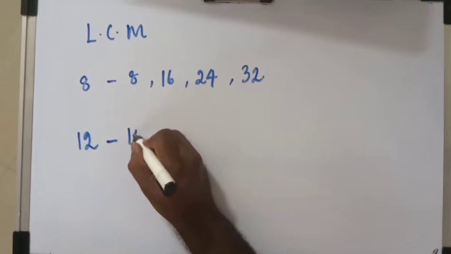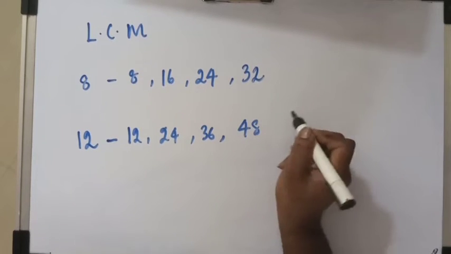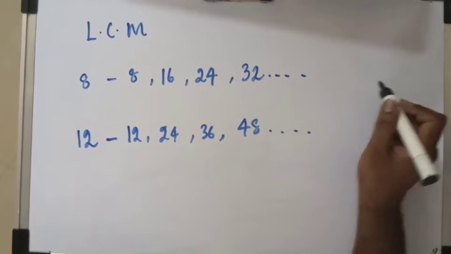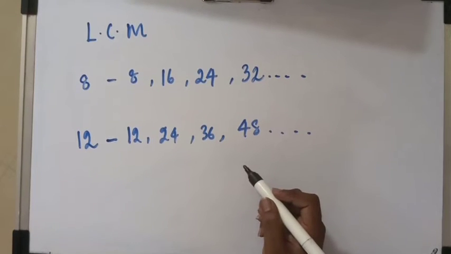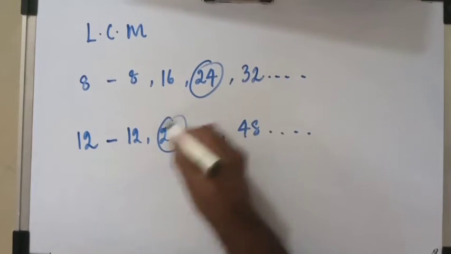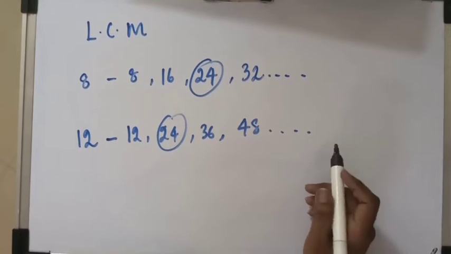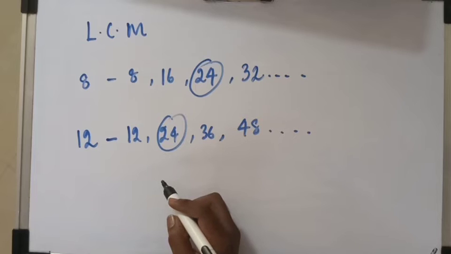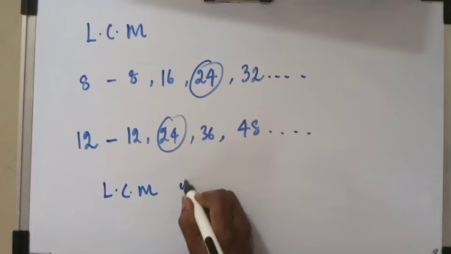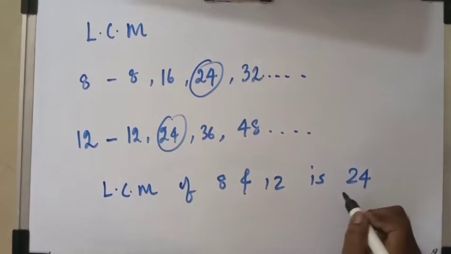Now 12: 12 ones are 12, 12 twos are 24, 12 threes are 36, 12 fours are 48, and so on and so forth. Okay children, now see which is the least common multiple here. What is the smallest common multiple? 24. There may be many more multiples which are common, but here the least is 24. So here I'll write the least common multiple of 8 and 12 is 24.